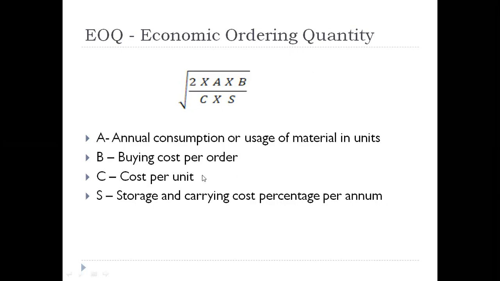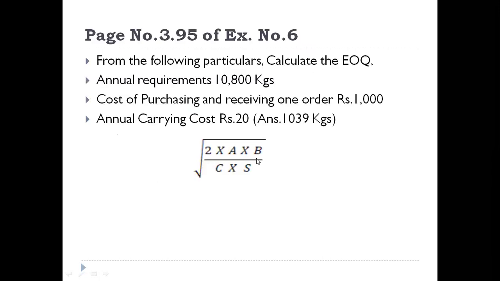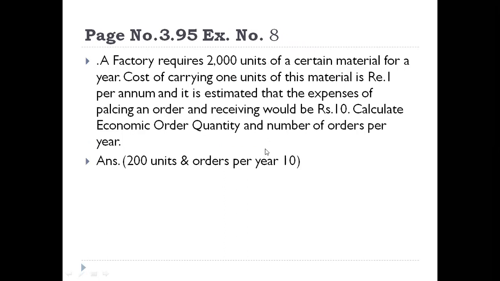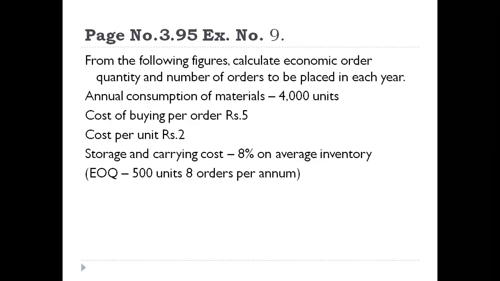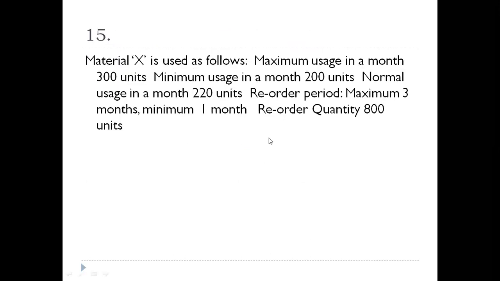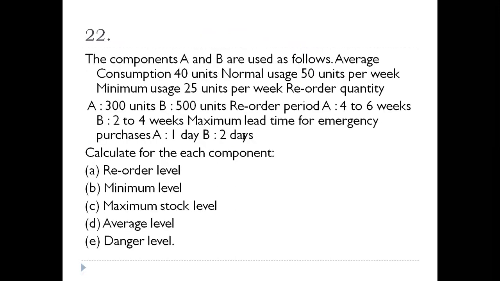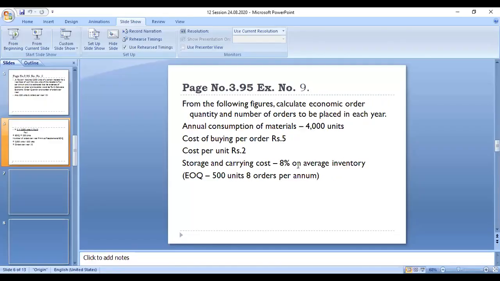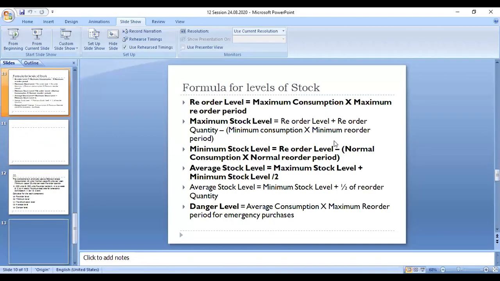So what is the per order cost? This is the purchase cost. In this amount you have to multiply with the annual requirements, and this amount you have to divide. So you will get the answer. So in one case the percentage is not given, and in another the number of orders to be placed per year is given, and in another the percentage will be given. So these 3 possibilities they were given. Right, now we can move on to the next one. But before that, you have to remember this formula.